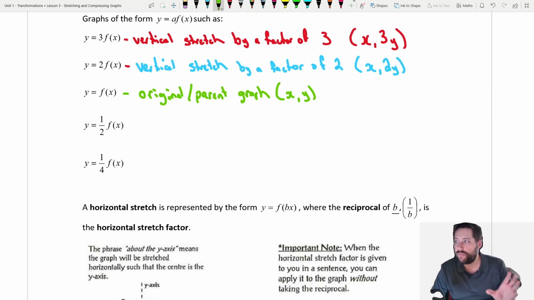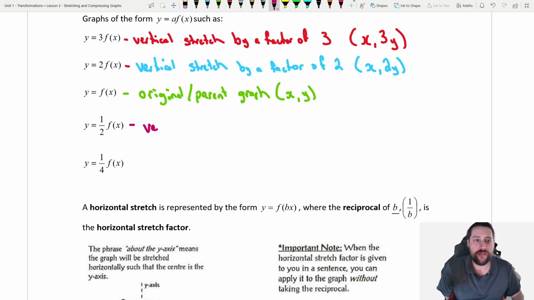This is where your terminology is going to change a bit. We have y = 1/2 f(x). Remember how you use your words. I'm going to say that this is a vertical stretch by a factor of 1/2.